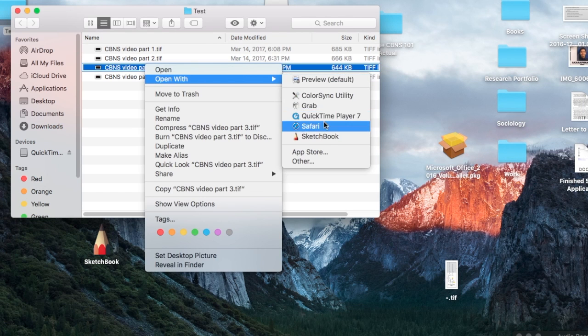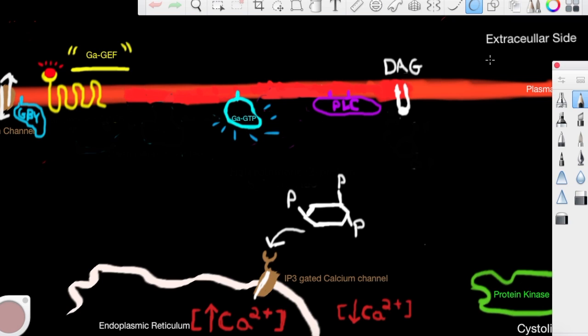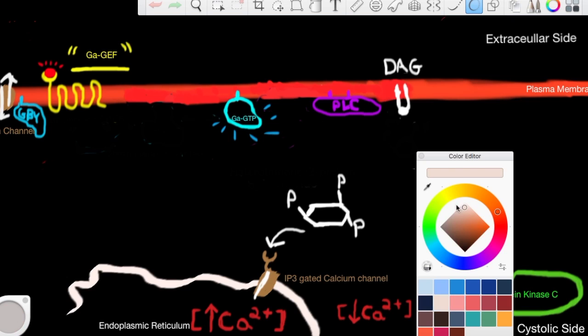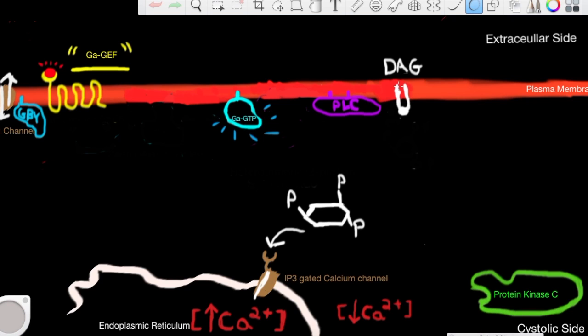So I'm going to let my partner Yona go in with this conversation. Okay, so once we've activated PLC with the G protein alpha subunit, it cleaves the PIP2 into the fatty acid domain and the polar head domain, and these turn into 2 compounds, one being DAG and one being IP3.